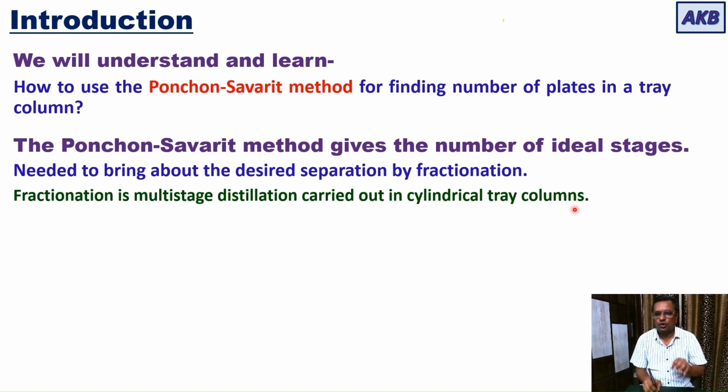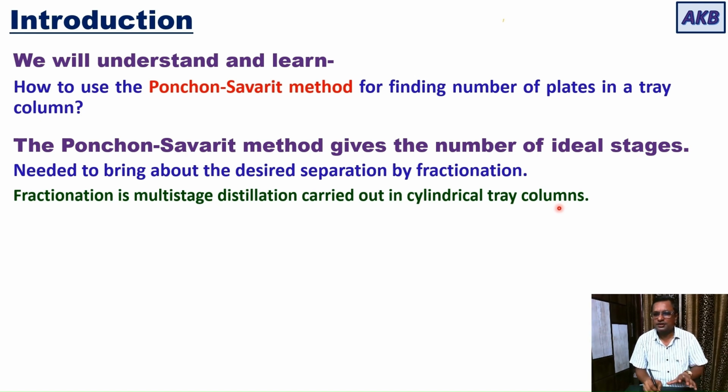So as was the case with the McCabe-Thiele method, which gives a number of ideal stages in a tray column, the Ponchon-Savarit method also gives the number of ideal stages or equilibrium stages or theoretical stages.